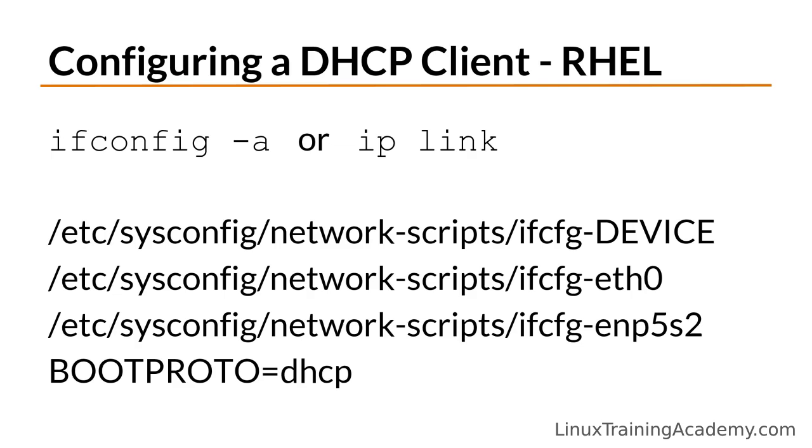Depending on the system configuration and the underlying hardware, it might be ifcfg-eth0 or even something like ifcfg-enp5s2. To get a list of network devices on your system, run ifconfig -a or ip link. Once you've identified the configuration file for the network device, set the BOOTPROTO variable to dhcp.